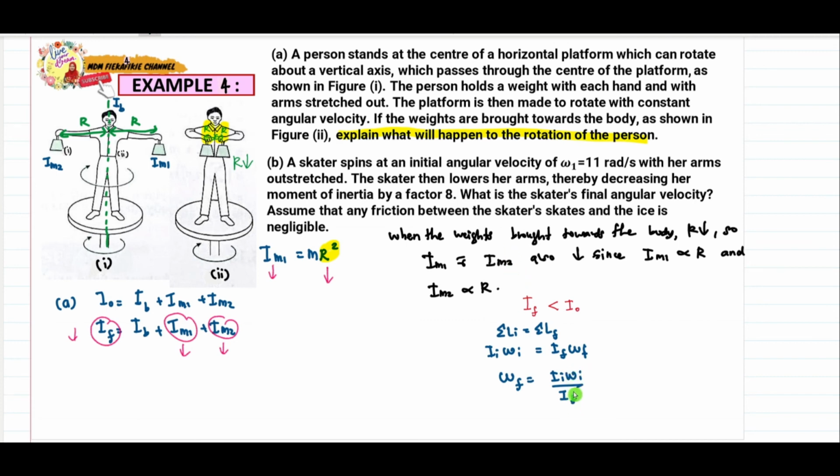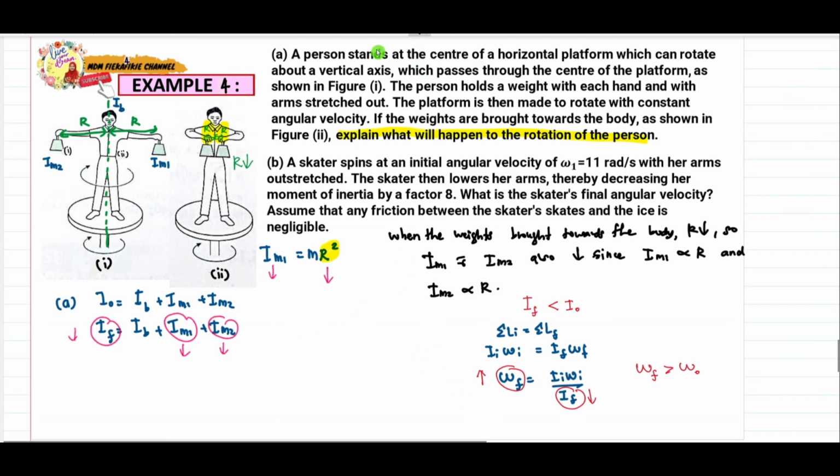Since I is decreasing, what happens to the omega final? The angular velocity should increase. So omega final is bigger than omega initial. Since I final is less than I initial, omega final must be bigger than omega initial.